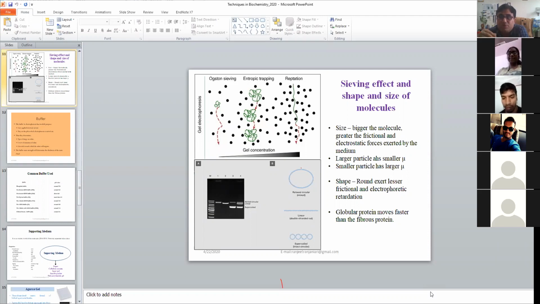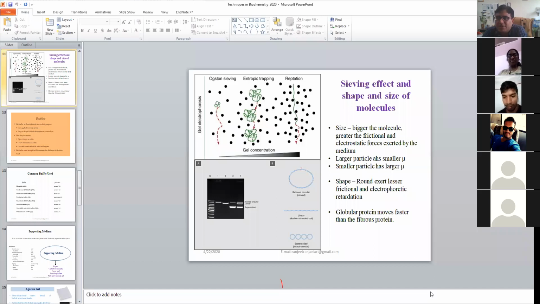So definitely you have to use a high concentration of the gel. Even in SDS-PAGE, or in the case of sequencing gel also. So the high concentration is used when the target you are going for is small or a small fragment. In that case, it's always recommended to go for a concentrated gel.